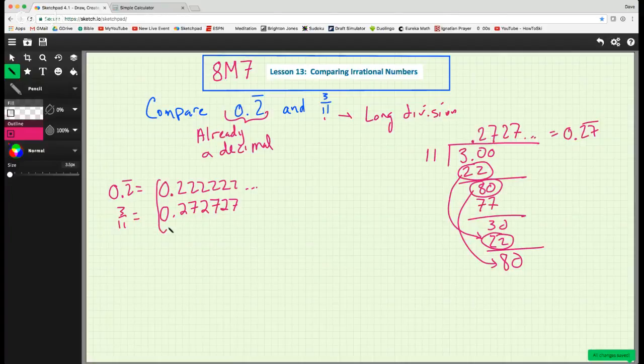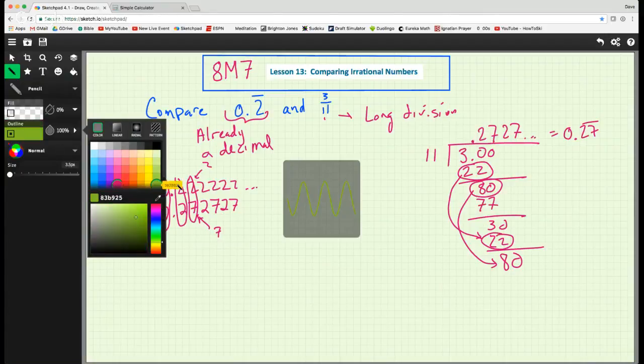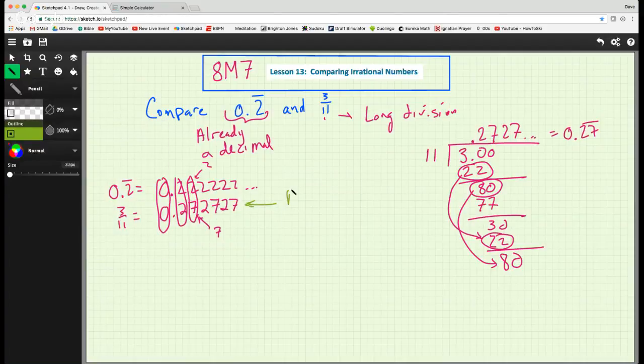Well, they're the same here, they're the same here, but here they're different. And this one is bigger because this has a 2, and this has a 7. So 3/11 is greater than 0.2 with a bar.